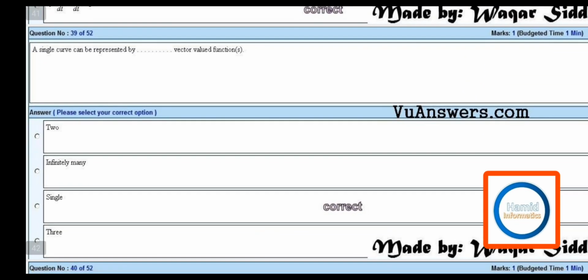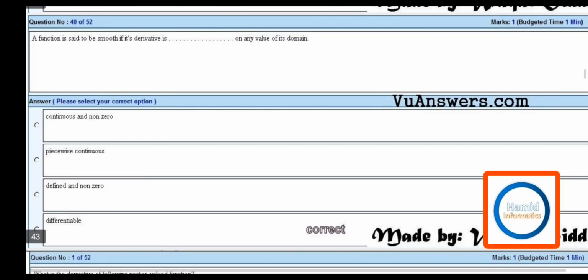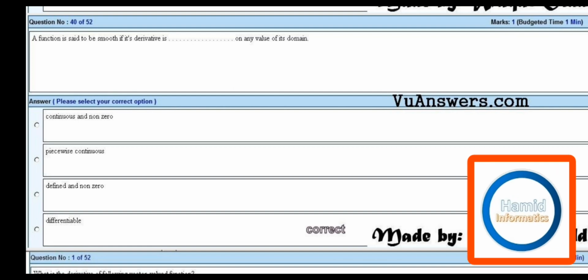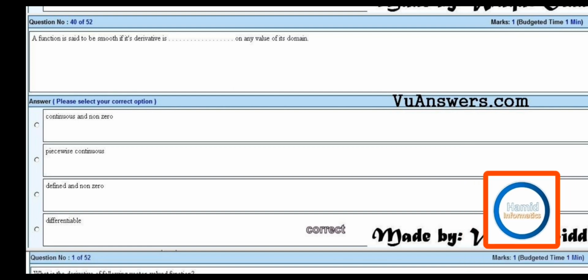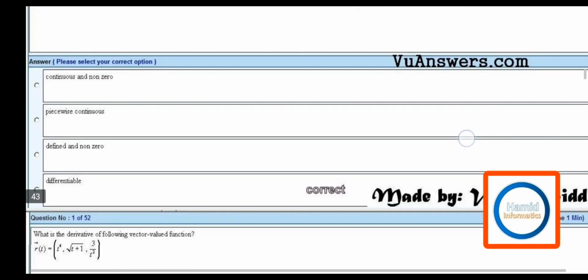A single curve can be represented by dash vector valued function, and the answer is a single. A function is said to be smooth if its derivative is dash on any value of its domain, and the answer is differentiable.